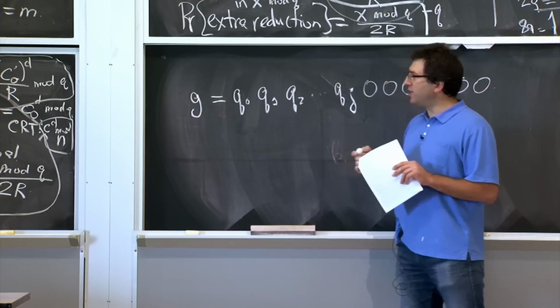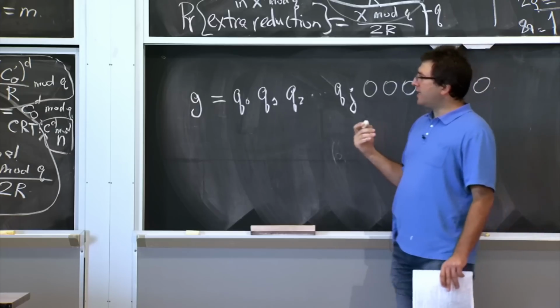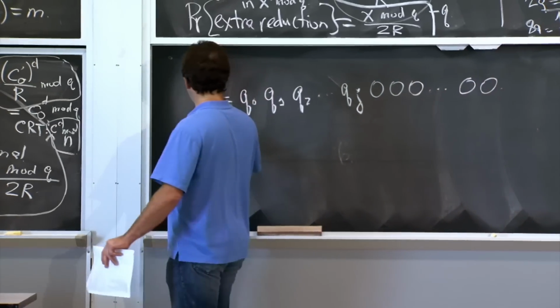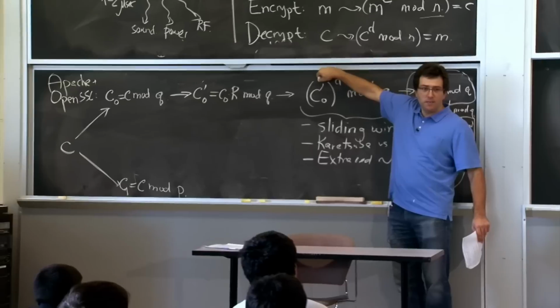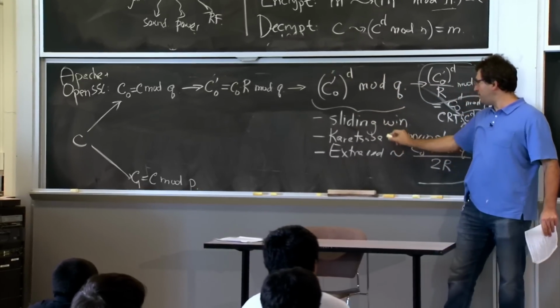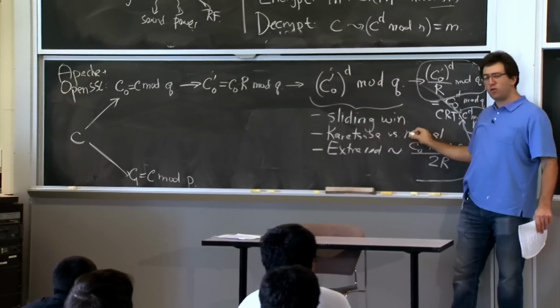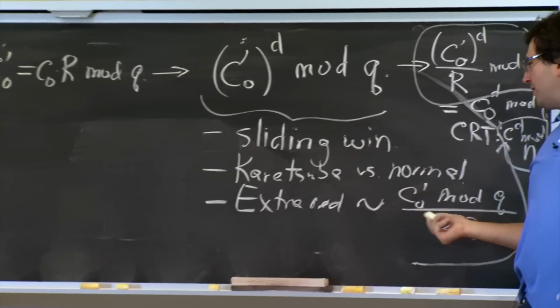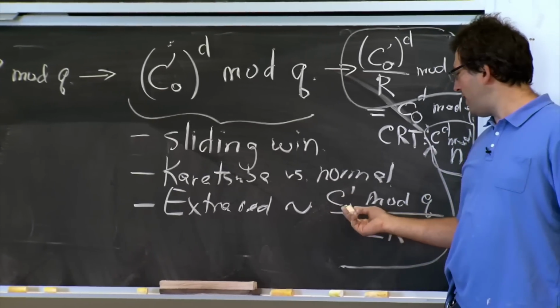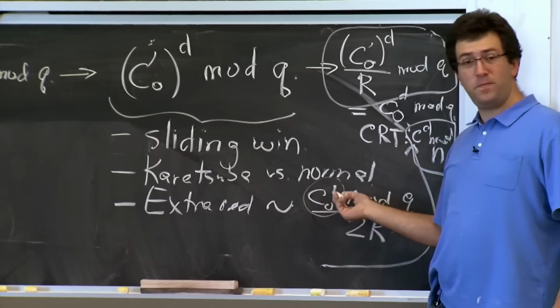These guys are going to try to get this guess g into this place in the pipeline, because this is where there are two timing effects: this choice of Karatsuba versus normal multiplication, and the different number of extra reductions depending on the value of C0 prime.